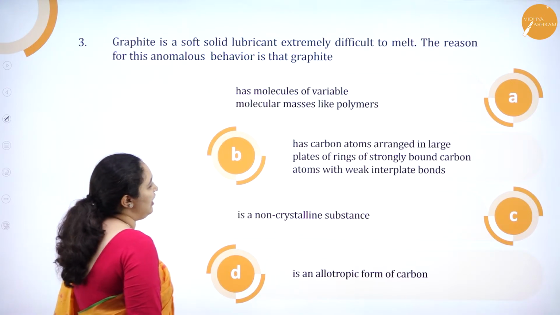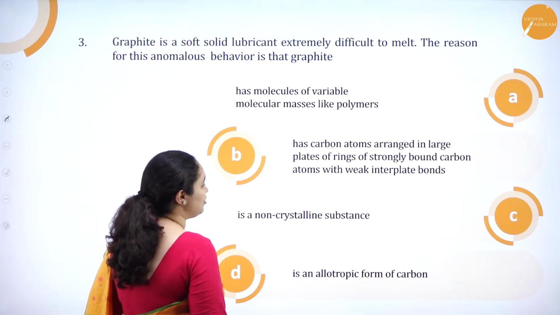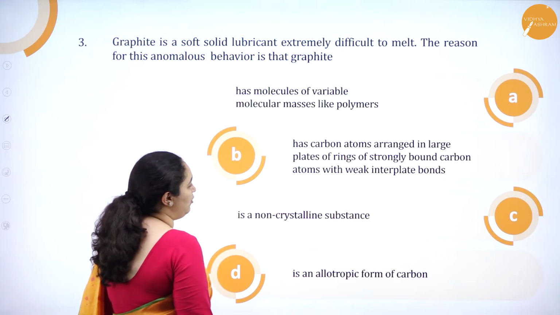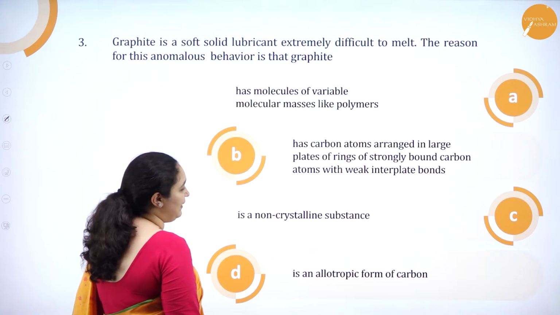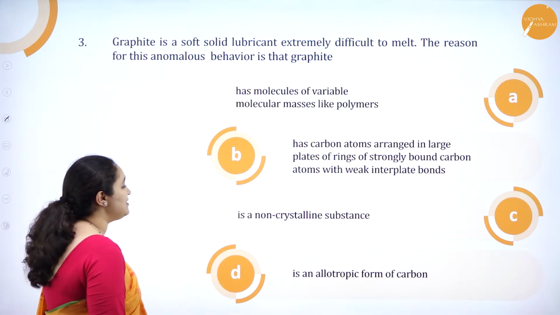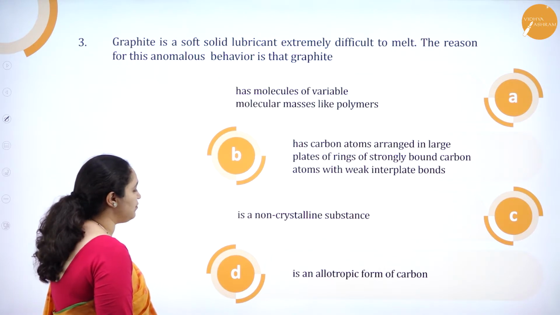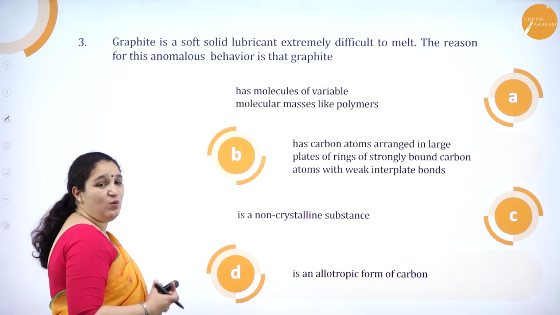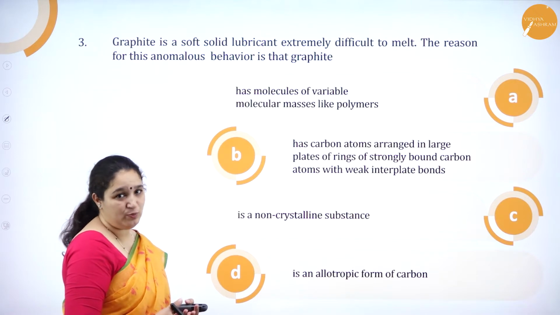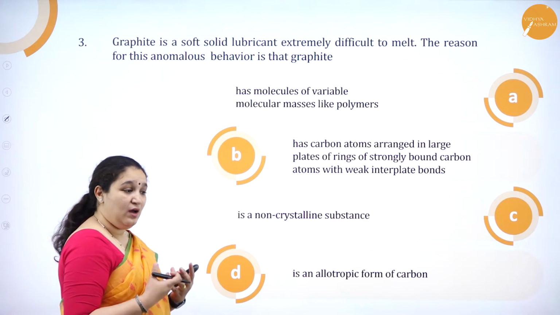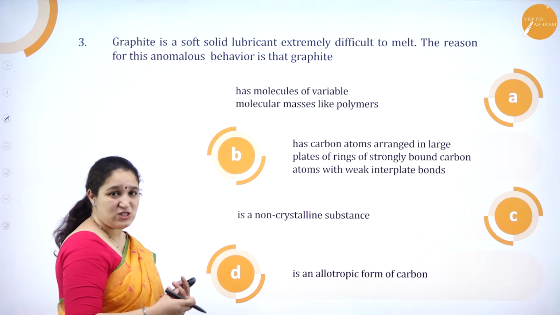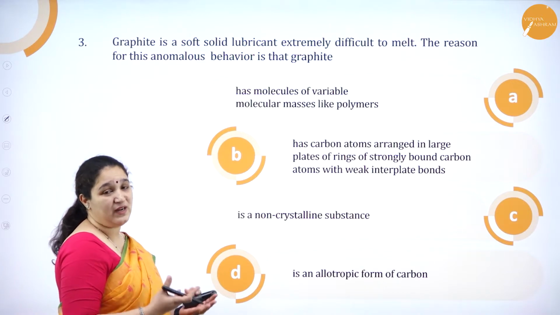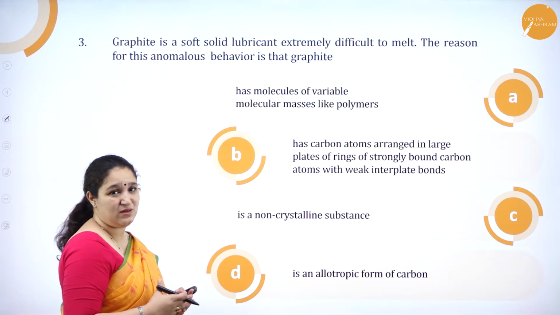Option B, has carbon atoms arranged in large plates of rings of strongly bound carbon atoms with weak interplate bonds. Option C is a non-crystalline substance. Option D is an allotropic form of carbon. See, they are asking why graphite can be used as a lubricant. It's a solid lubricant. It is soft because it's used as a lubricant, but it is very difficult to melt. What is the reason behind it?